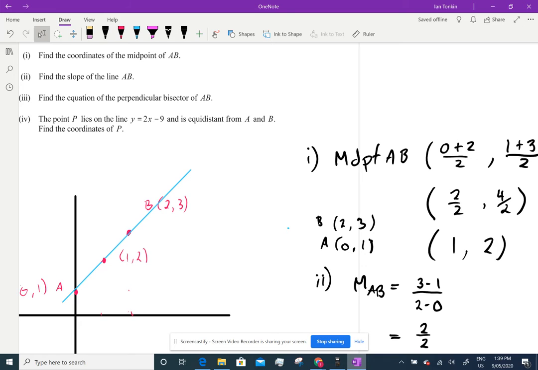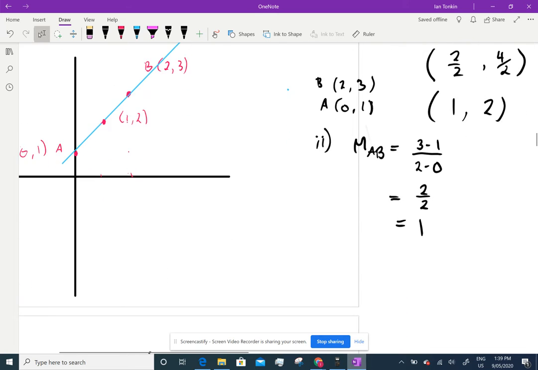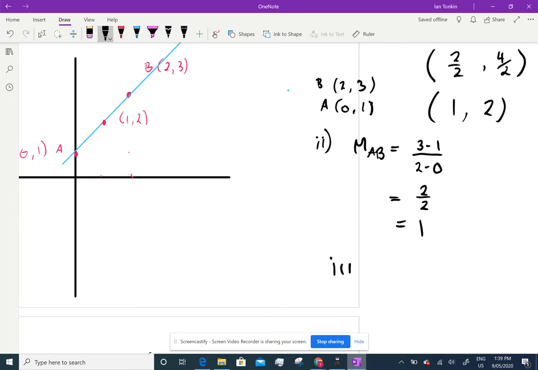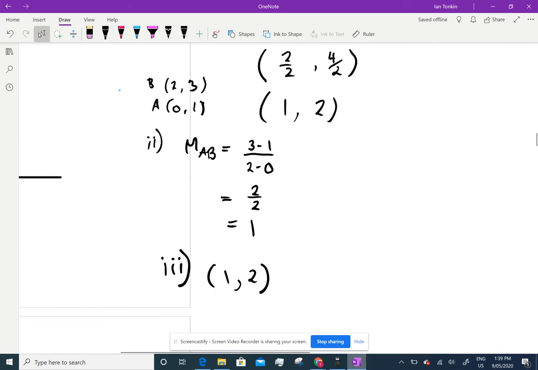The perpendicular bisector of AB. Well, we've got a point that the bisector's on. So this is number 3. We have the midpoint, 1, 2. If only we knew the gradient, but we do. Perpendicular to AB is a negative reciprocal.